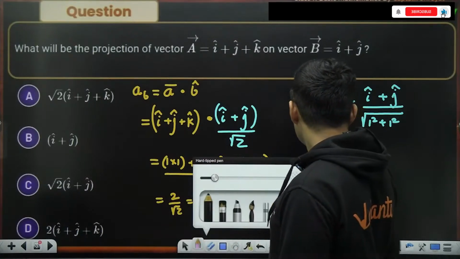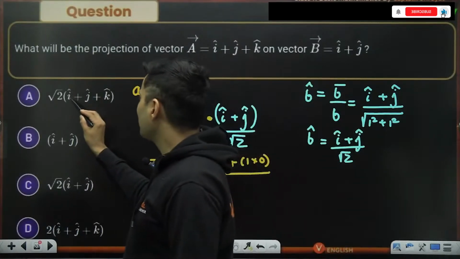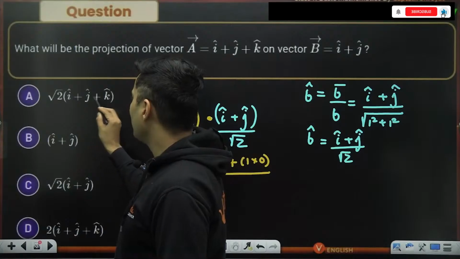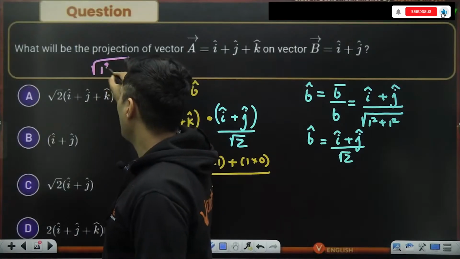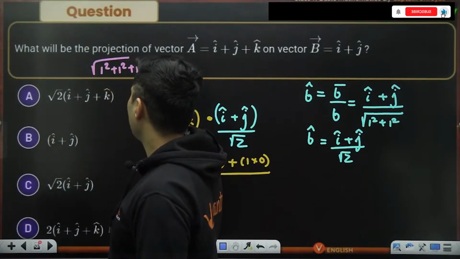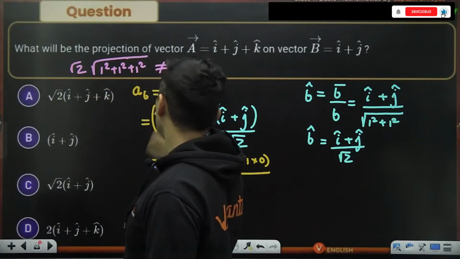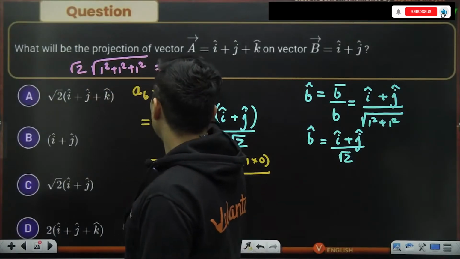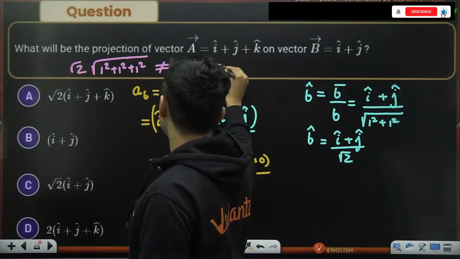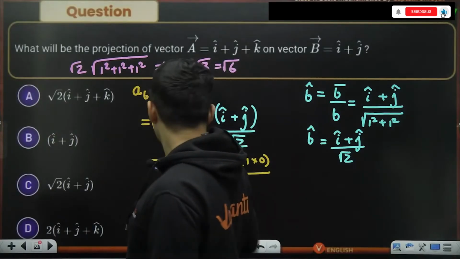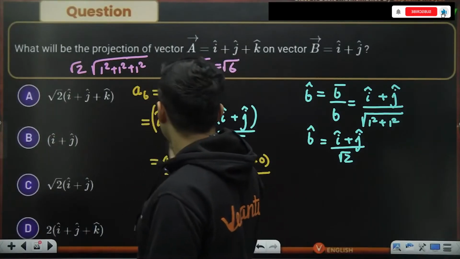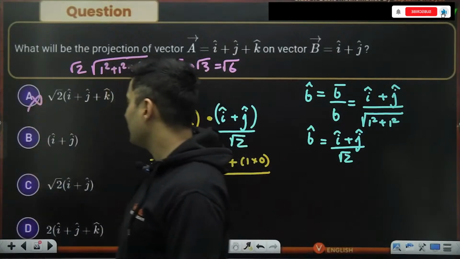If you see the first vector, 100% it is like 1 square plus 1 square plus 1 square, multiplied by root 2. It is not root 2. In fact, it will be root 2 multiplied by root 3, which is root 6. So definitely magnitude wise it is not root 2. So option A gets eliminated.